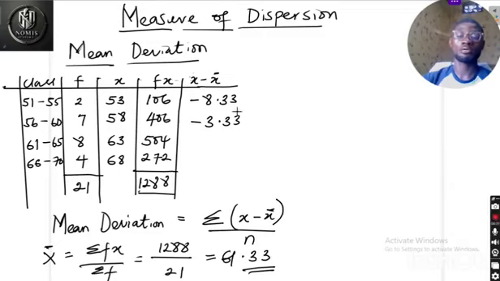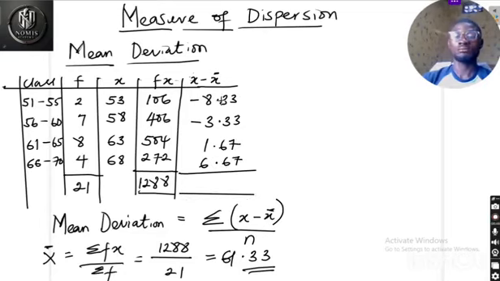So that's 1.67. And then the next is 68. 68 minus 61.33. So that's 6.67. So we need to find the sum.